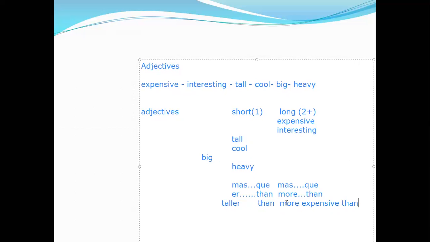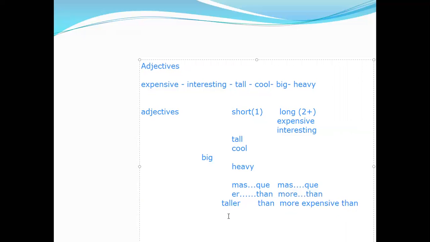So this is what I want you to give attention to for today. I don't say more taller than, that is the big mistake, or more tall than. No. When the adjective is short, remember that el más se representa como er. When the adjective is long, el más es igual que en español. More than. And it means más que. So be careful just with the short ones.